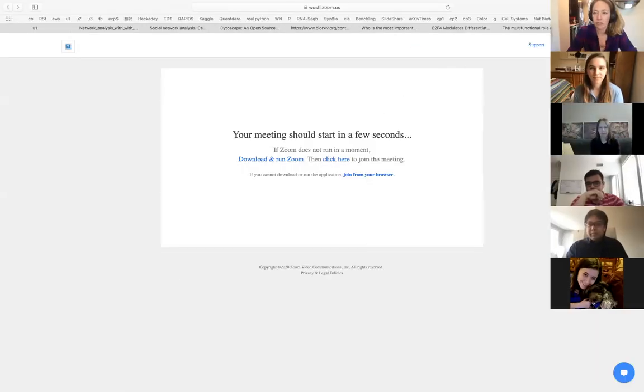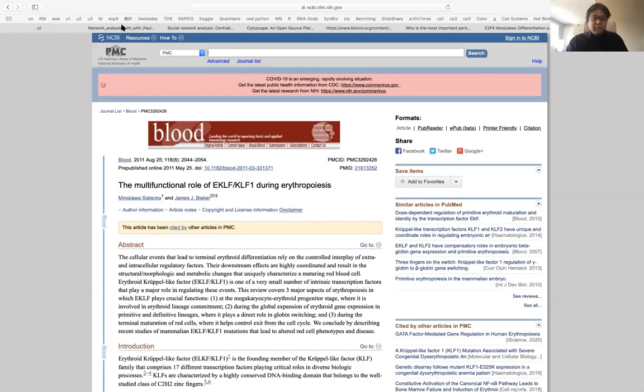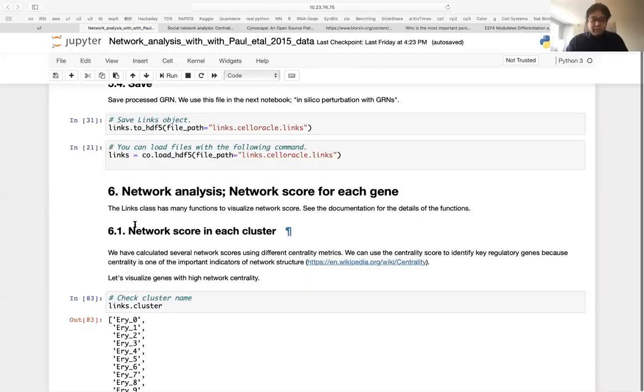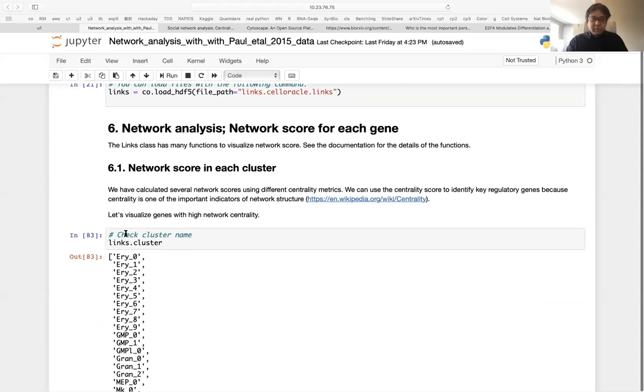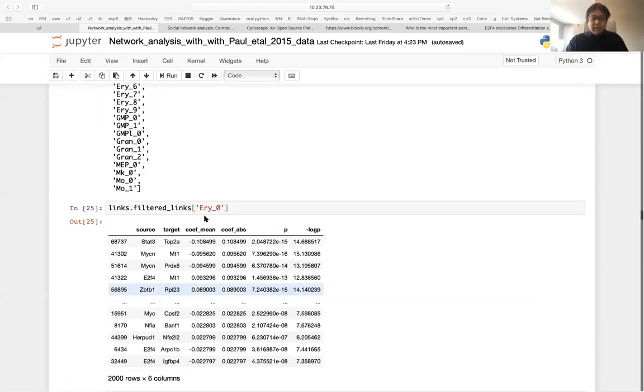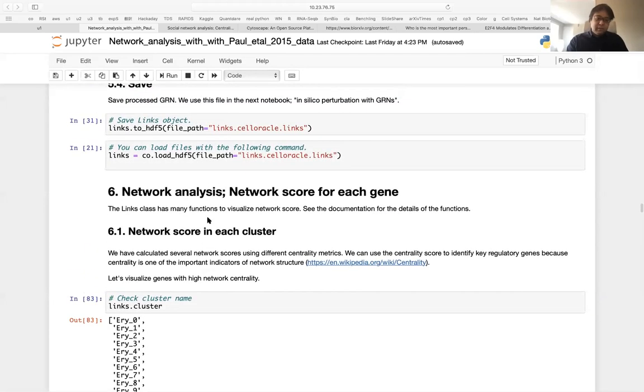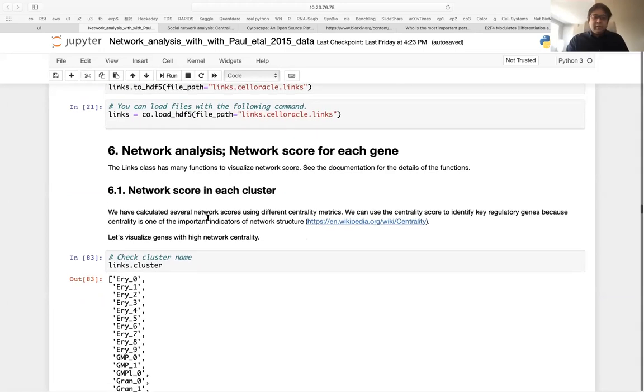Okay, so today I'm going to talk about how to do the network analysis, and I will explain how to analyze your network using some kind of network score or graph theory.